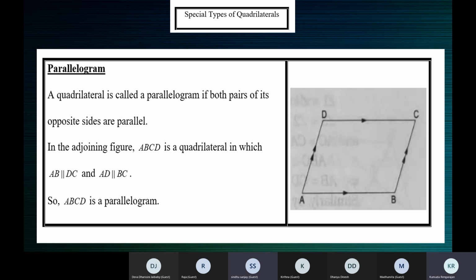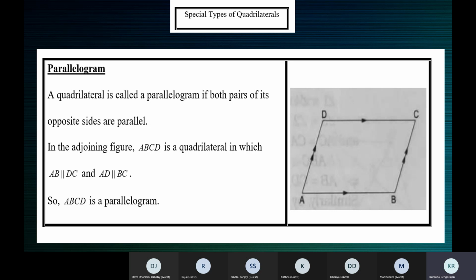BC, ma'am. The side opposite to AD is BC. Then which are the sides adjacent to AD? AB and DC. Good, Raja. Very good.